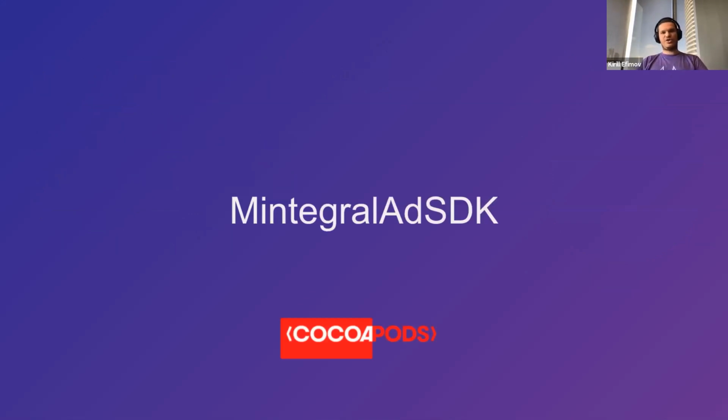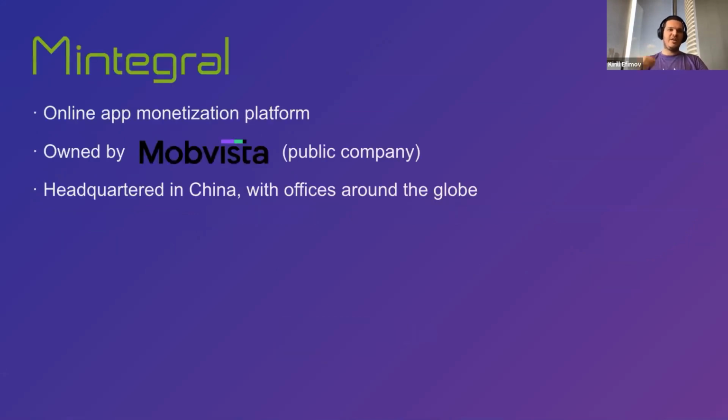So let's start. We are going to talk about the mobile advertisement area, specifically about MintegralAdSDK, which is published in CocoaPods. The company that created the SDK, Mintegral, is an application monetization platform owned by the public company Mobvista.